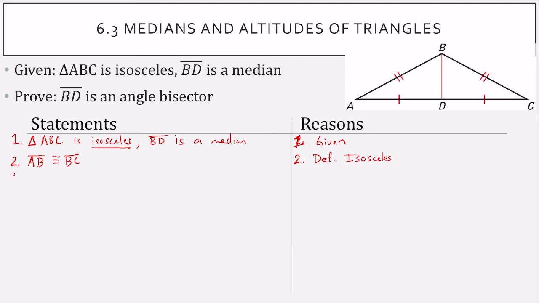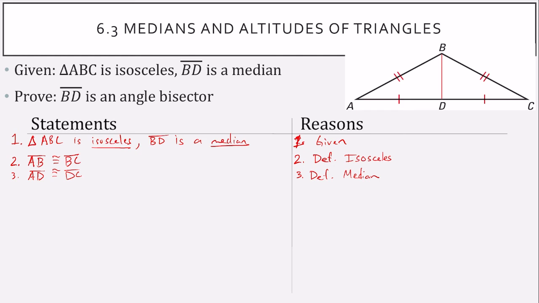So what can we do next? That's right, we can do the same thing with our vocabulary word median. Median goes from the vertex to the midpoint of the other side. If it's the midpoint, then we know AD is congruent to DC. And how did we know that? Because we used the word median. All right, so what do we have? I see two little triangles in our picture.